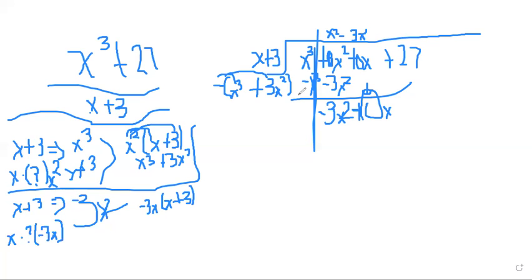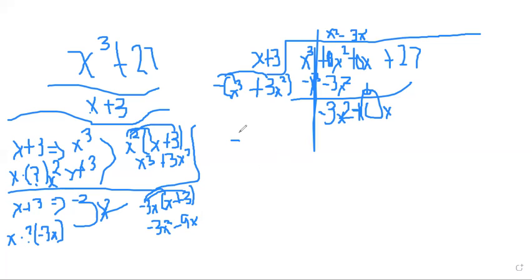Okay. So I now distribute negative 3x to x. That gives me a negative 3x squared. I now distribute negative 3x to 3. Negative 3 times 3 will give me a negative 9x. And once again, I'm subtracting.